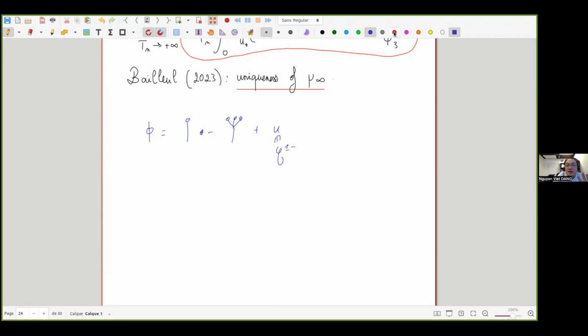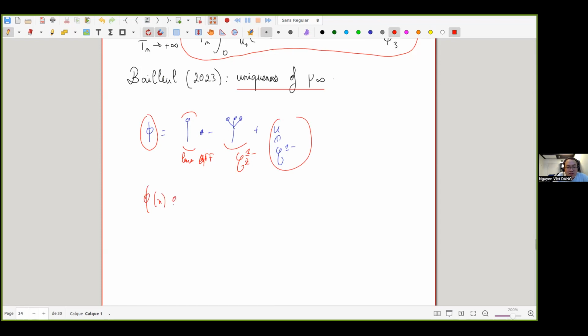It's not OPE, but it tells you things. This has the law of a GFF. It tells you that any solution, the random field phi at the end, can be decomposed as the sum of this guy, which is the GFF, plus this guy, which is C one half minus, plus a remainder, which is nice. So you know the short distance.